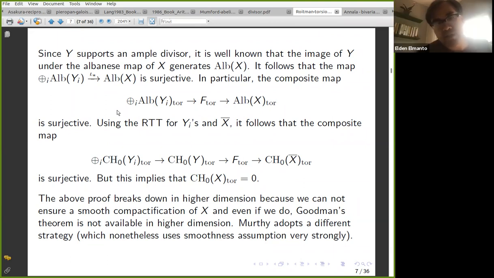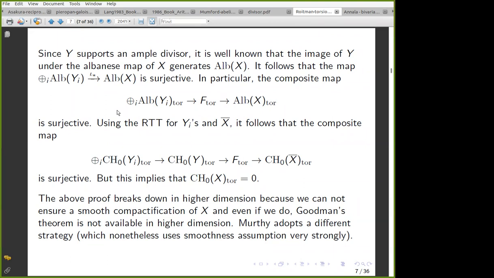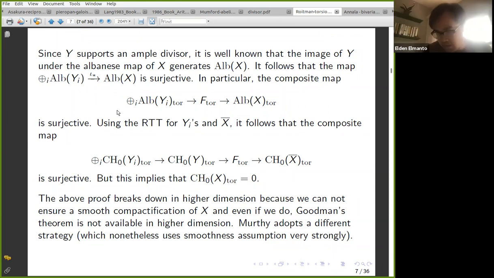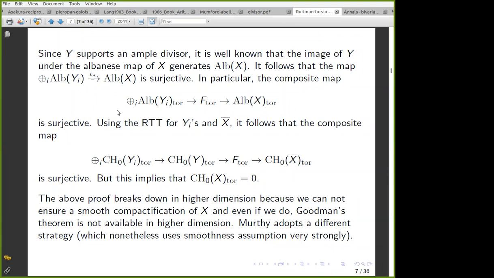That doesn't use any Lefschetz hyperplane theorem. It just uses ampleness, because an ample divisor must intersect any other subvariety positively. That's one of the Nakai criteria in algebraic geometry, so to speak. So if it lies in a fiber, then if you take some other fiber, it's not going to hit, so it destroys the ampleness. So just ampleness forces it to generate the Albanese variety.